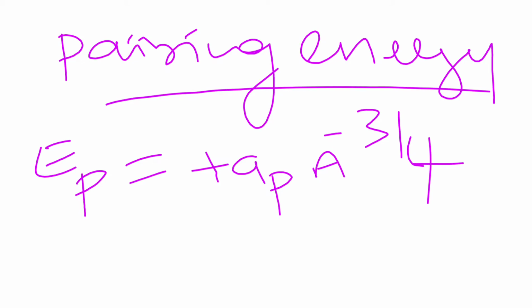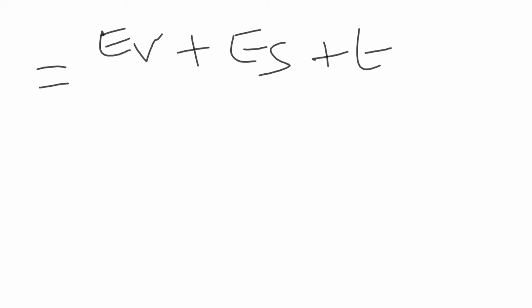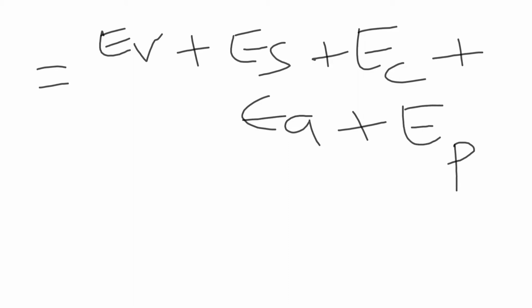Combining all these factors, finally we get E equals E_V plus E_S plus E_C plus E_A plus E_P, that is volume energy, surface energy, Coulomb energy, asymmetric energy and pairing energy.